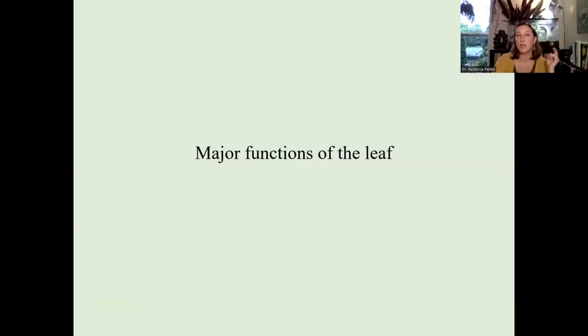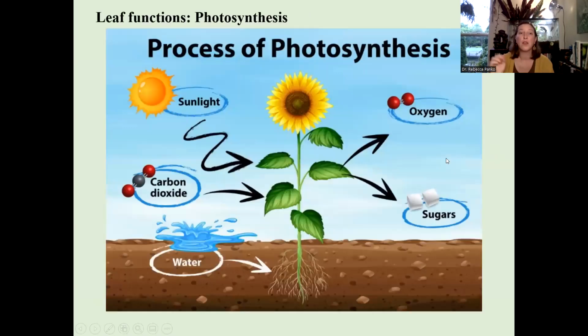All right, leaves come in a lot of different shapes. Leaves come in a lot of different sizes. And no matter what the shape, no matter what the size, leaves all serve some very important functions for plants. Probably the most important function is photosynthesis.